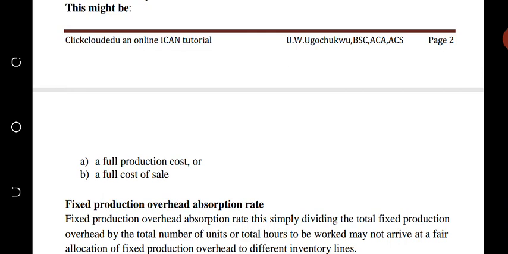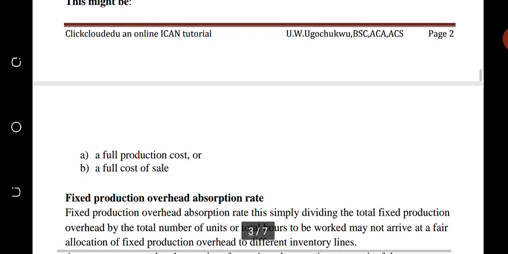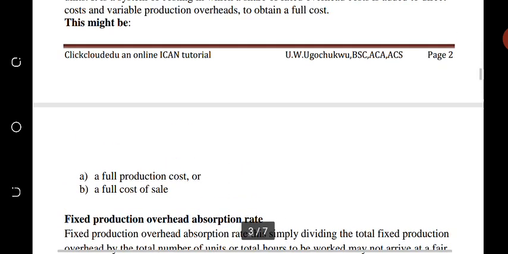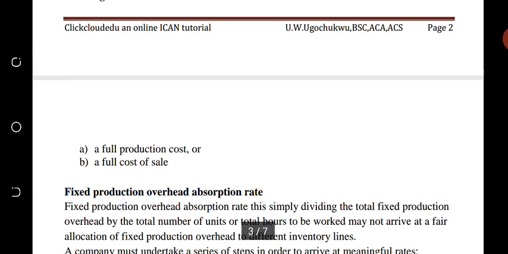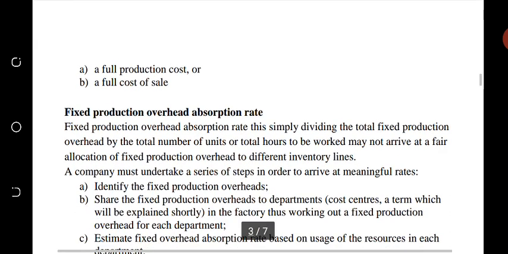Then how do we do the share? You must look for the fixed production absorption rate. That rate is what we use to multiply the units produced during the year to know what will be included in our production. Now, this might be a full production cost or full cost of sales.